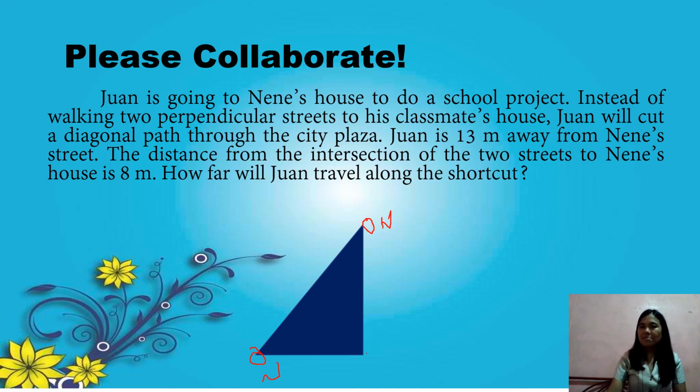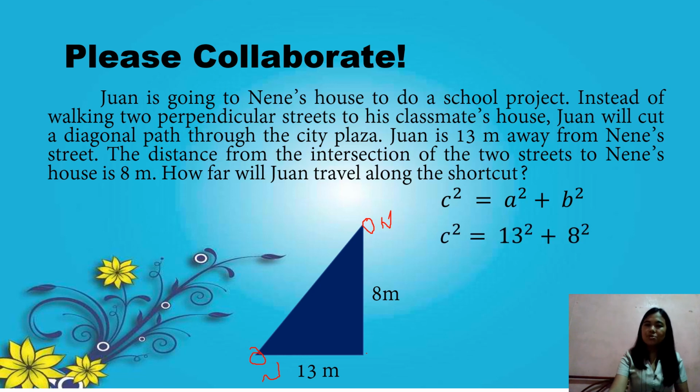So, Juan is 13 meters from Nene's street. So, here is the 13. Okay? So, from the intersection of the street to Nene's house is 8. So, we now have 13 and 8. So, it's another right triangle. Therefore, the formula is still the Pythagorean theorem.